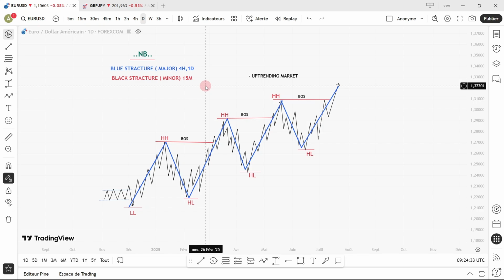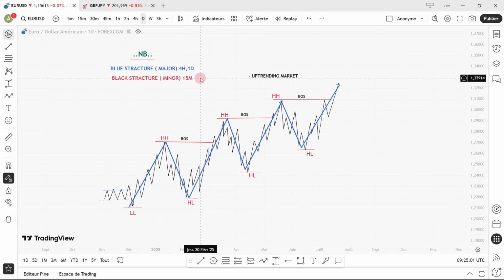As I indicated right here, I'm going to be using a blue color for the major structure. So this structure you're seeing here is my major structure, or the higher time frame structure, and this black structure within it is going to be my minor structure, or the lower time frame structure.